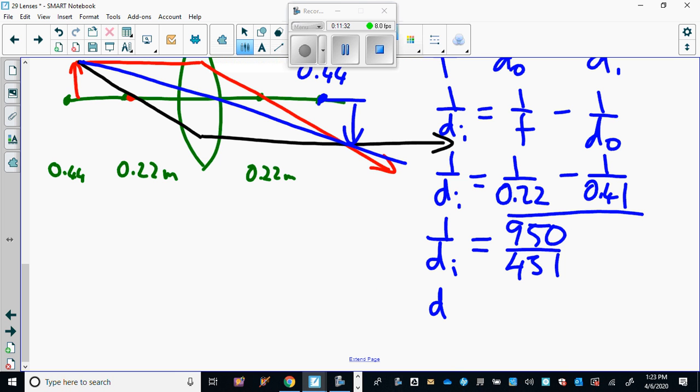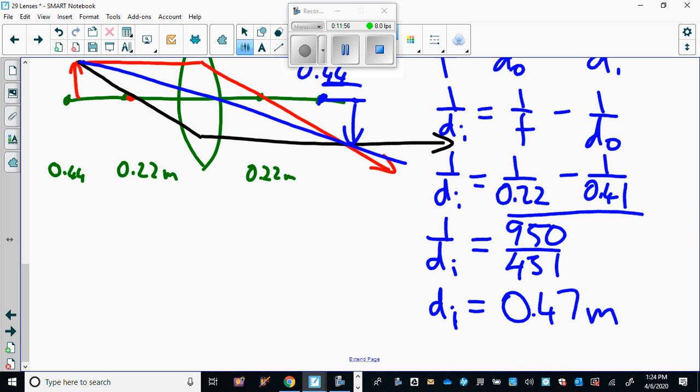And so DI is going to just equal 451 divided by 950 equals 0.47, which seems quite reasonable. I said it was going to be just a little bit greater than that. 0.47 meters is the distance.